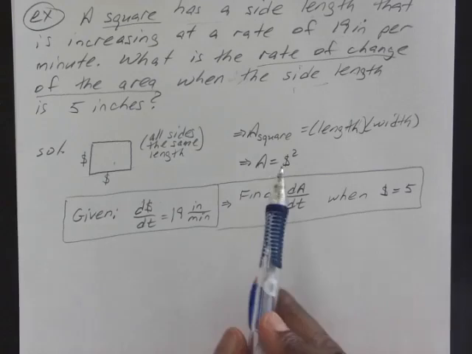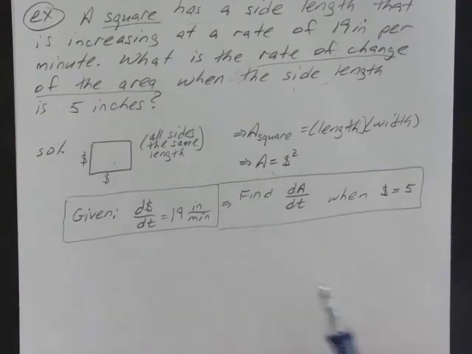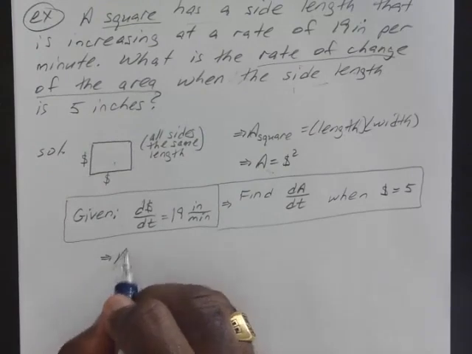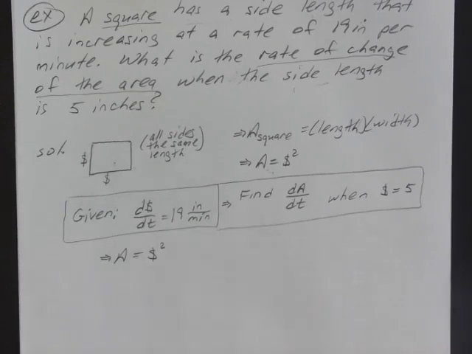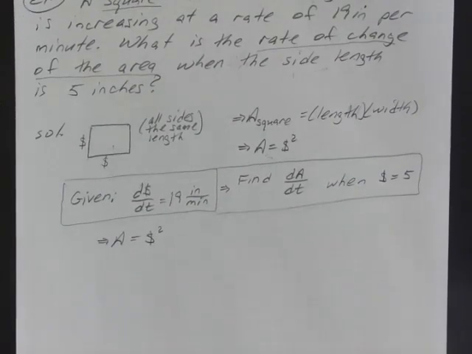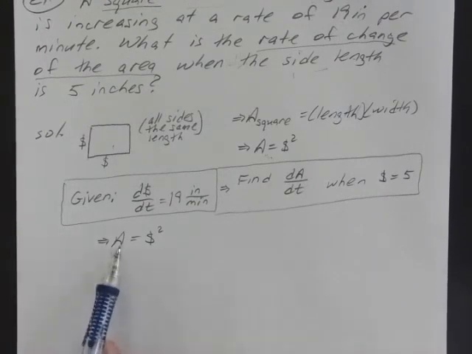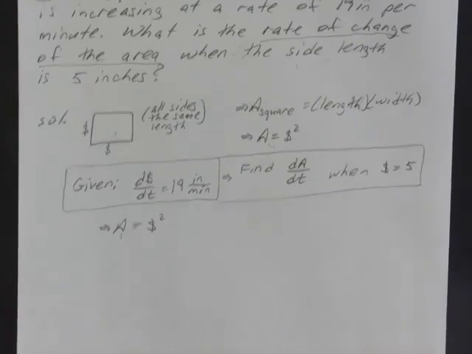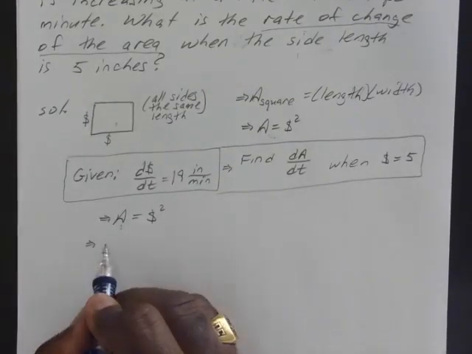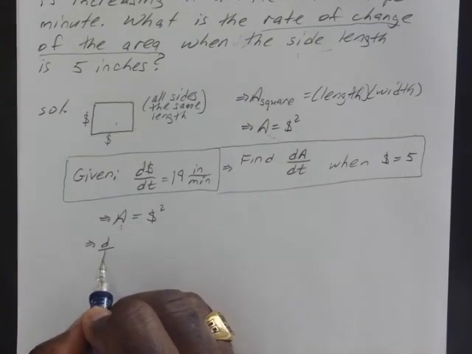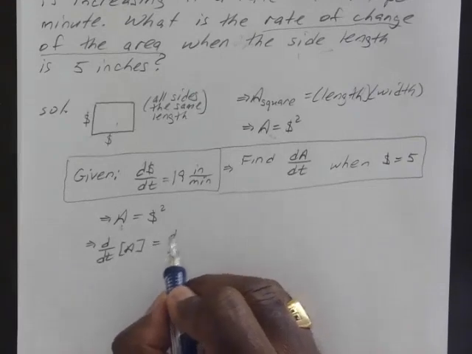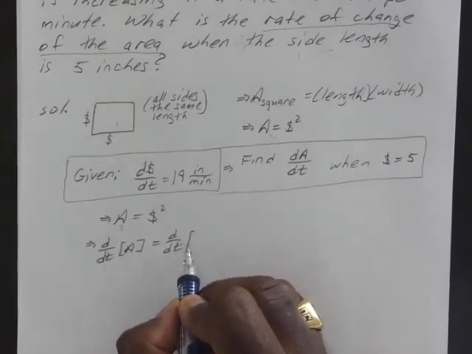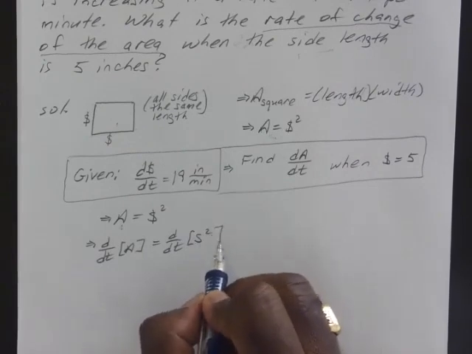Okay, so just like always, we start with our primary equation. The area of a square is equal to the side length squared. So if we take the derivative with respect to time on both sides, that gives us the rate of change with respect to time of the area is equal to the rate of change with respect to time of the sides squared.